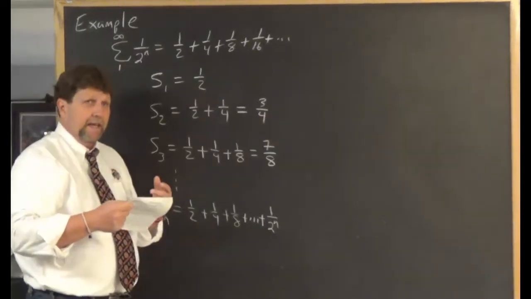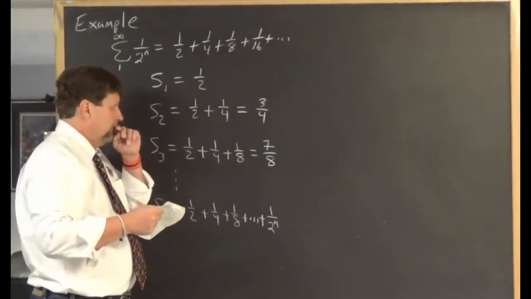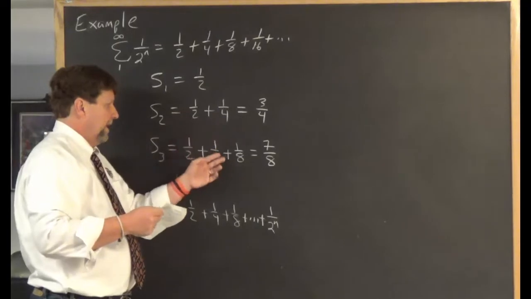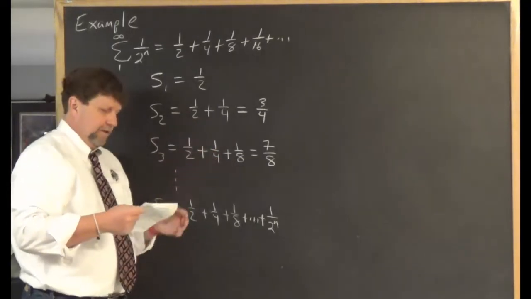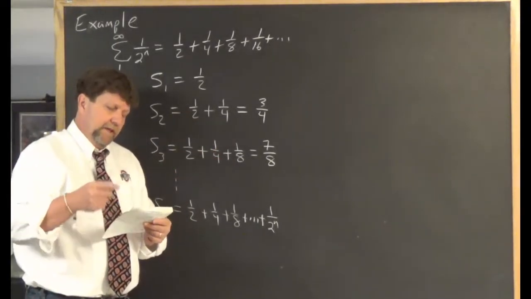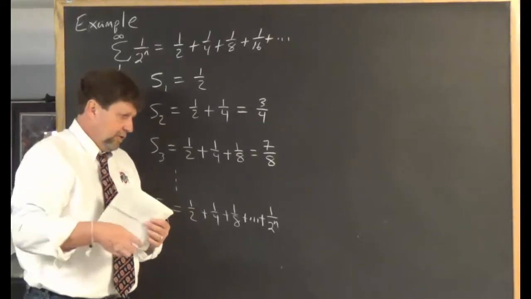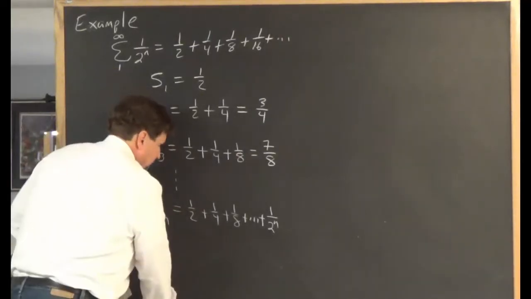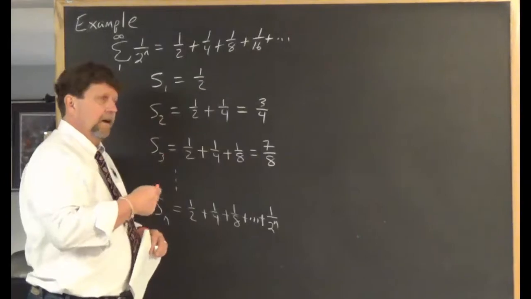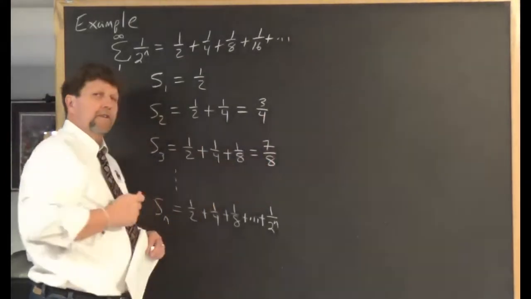So for me, the key is looking at the second partial sum and the third partial sum. The first thing that jumps out at me are the denominators.